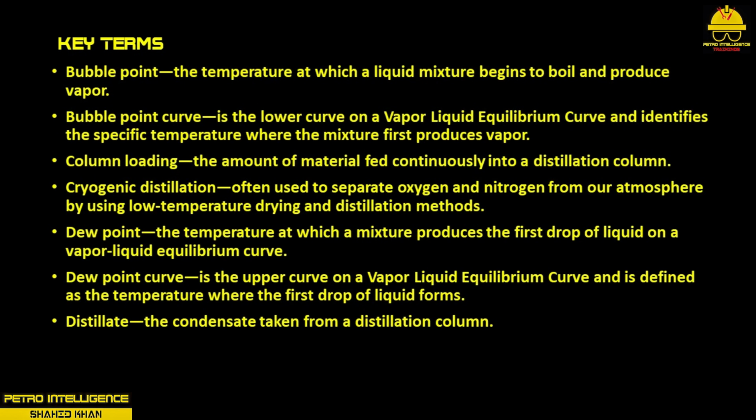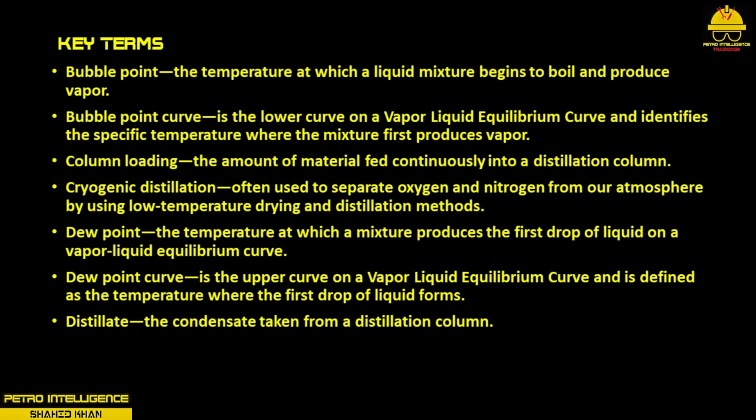Bubble point is the temperature at which a liquid mixture begins to boil and produce vapor. Bubble point curve is the lower curve on a vapor-liquid equilibrium curve and identifies the specific temperature where the mixture first produces vapor. Column loading is the amount of material fed continuously into a distillation column.